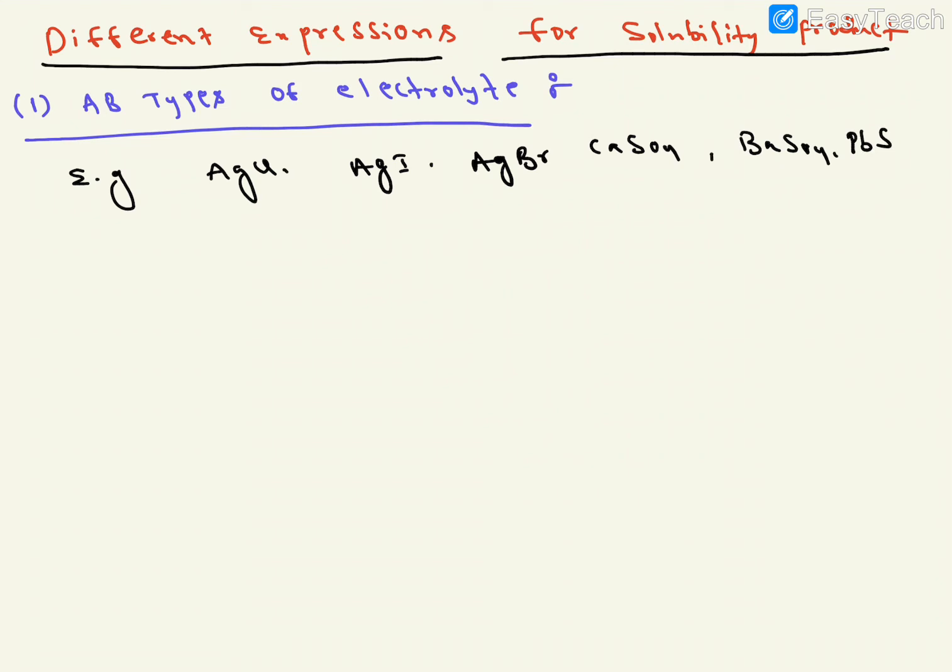These are examples of sparingly soluble AB type salts. So this is the A ion, this is the B ion. So AB type of salt. I hope it is clear.